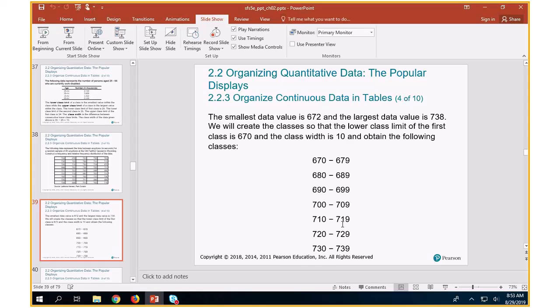Now add 10. What do you get? 684.5. Add 10. 694.5. So instead of calculating each midpoint, what do you do? You calculate the first midpoint and then add your class width. That's the easy way to do this. So that's why the mid-range and the class width are your most important numbers on a frequency distribution.